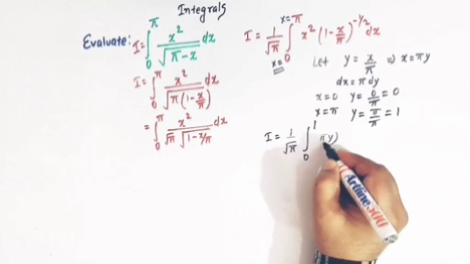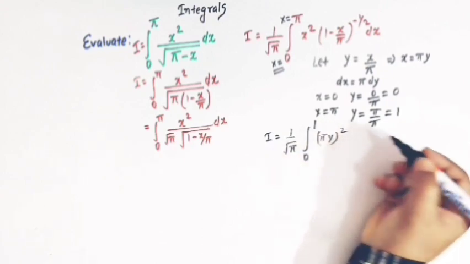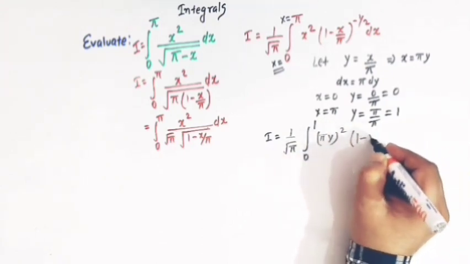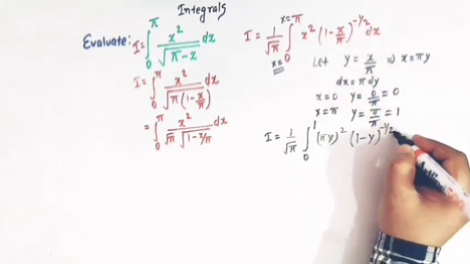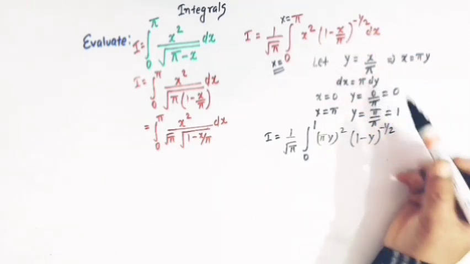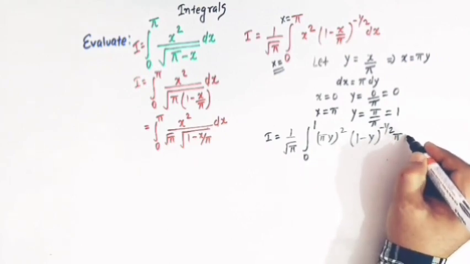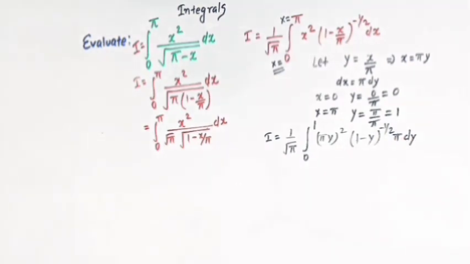So we have (πy)², and then 1 − y raised to −1/2, and dx can be replaced by π dy, right?